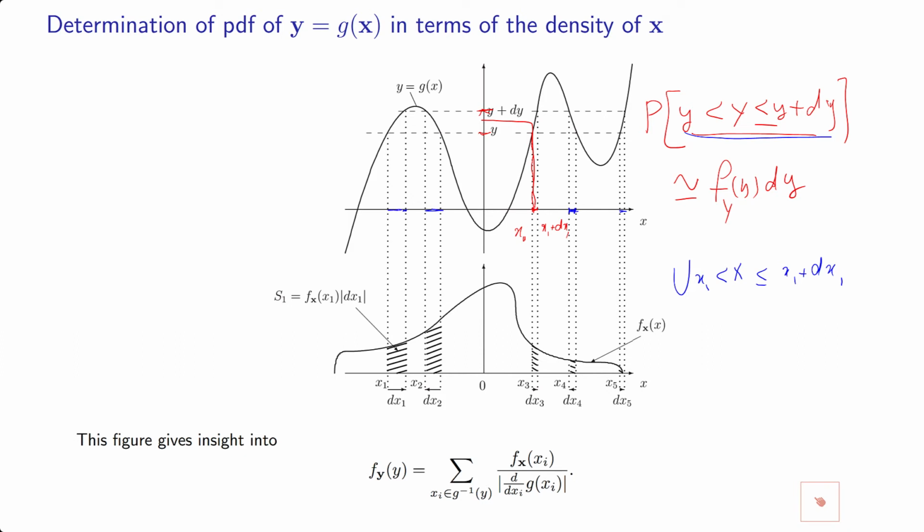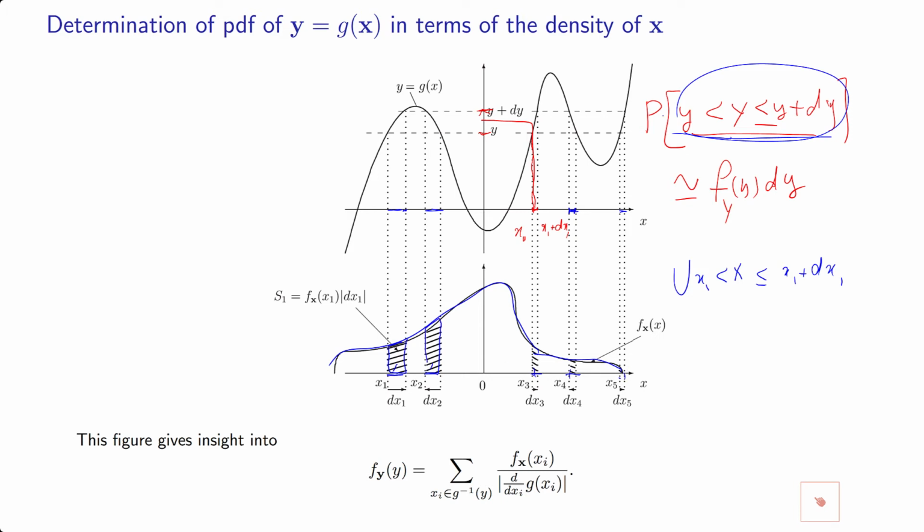Now, suppose that this is x and this is your PDF of x. If you want to calculate the probability of this, x should be in this interval or this interval or this interval and this interval. The probability that x is in this interval is equal to this area. X in this interval is this one. So if I add these probabilities, I will get this one.